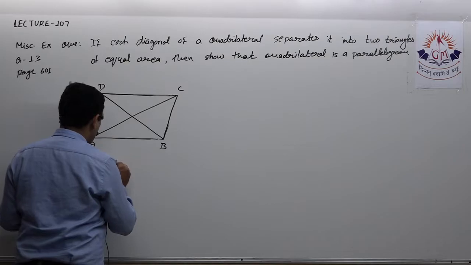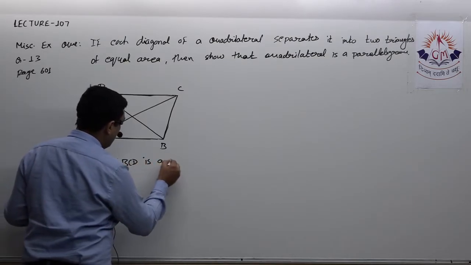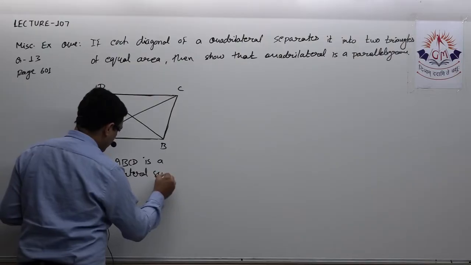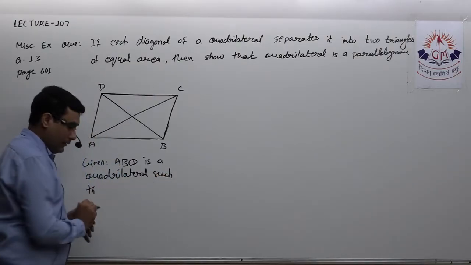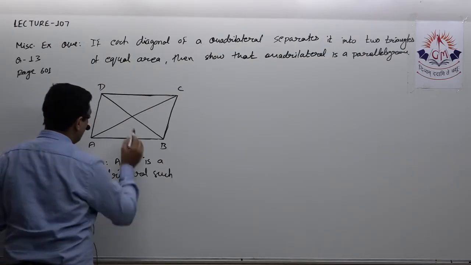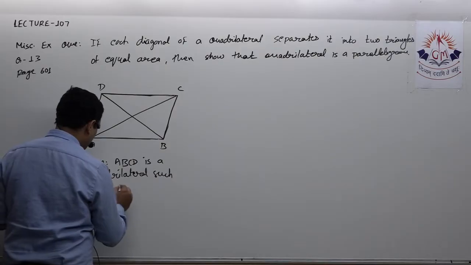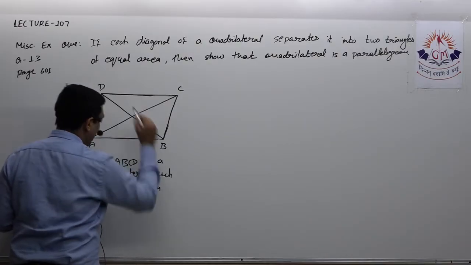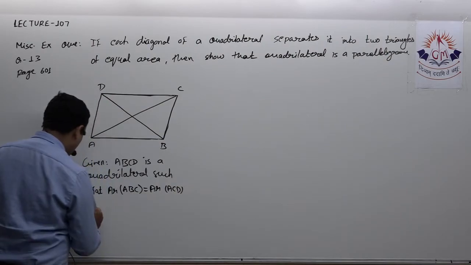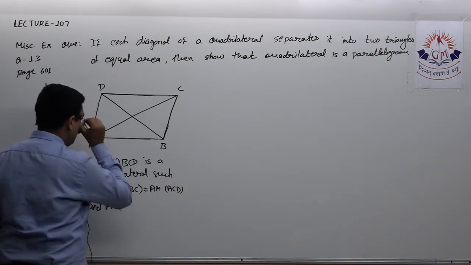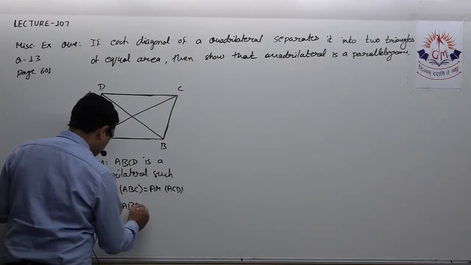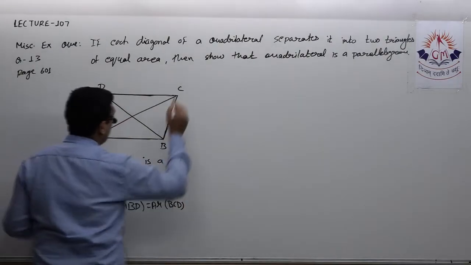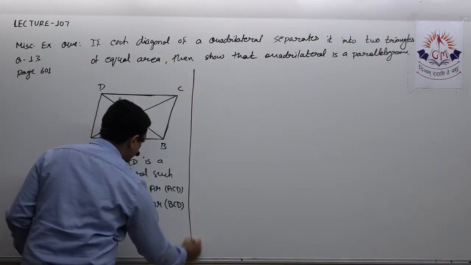Given: ABCD is a quadrilateral such that area of triangle ABC is equal to area of ACD, and area of ABD is equal to area of BCD.